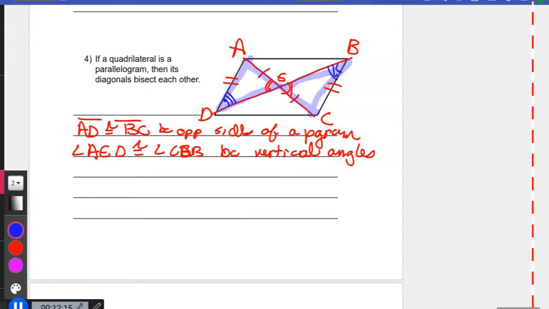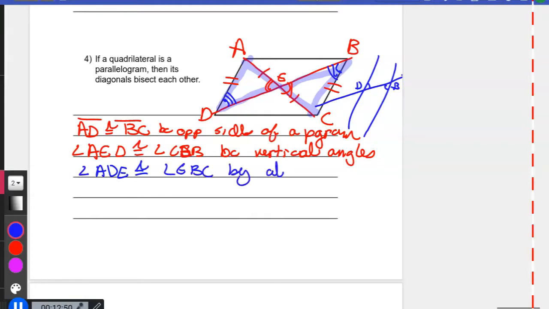So I am seeing these two parallels, the AD and the BC, and this diagonal. What was that called? Transversal. So there's my B and there's my D. And then we had these two angles that would have been alternate interior angles. That DB is serving as the transversal. So angle ADE is congruent to angle EBC because they were alternate interior.